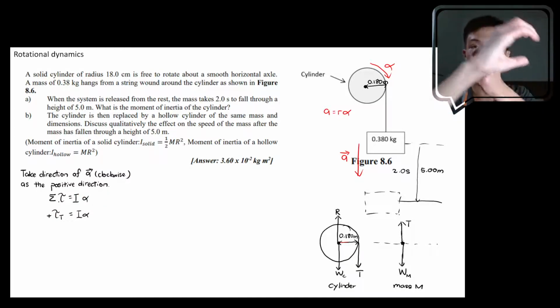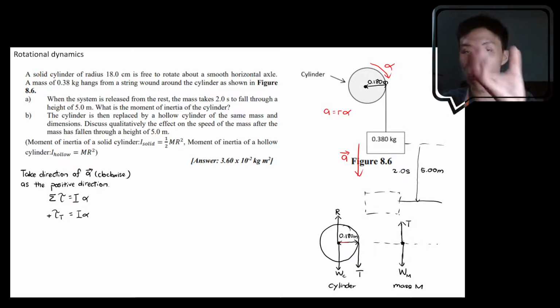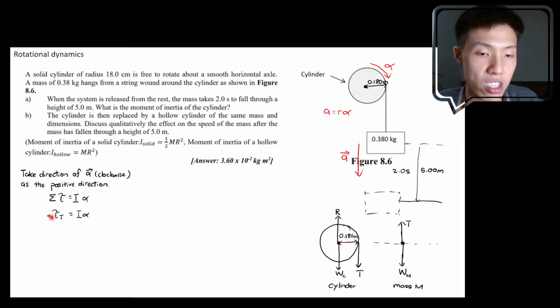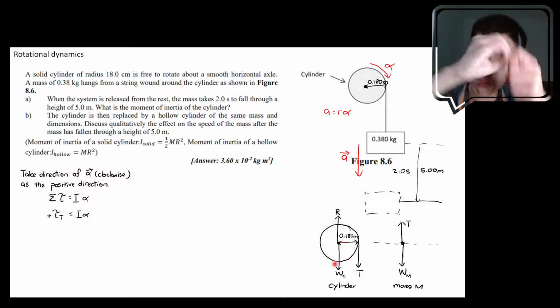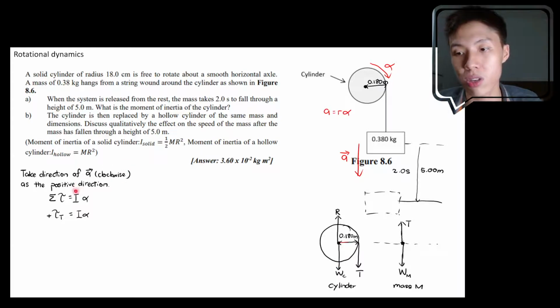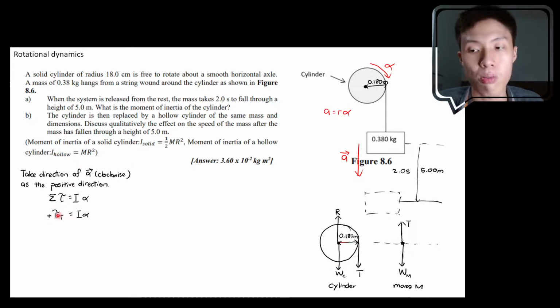If the tension is pulling on the left-hand side instead, then the object will rotate anti-clockwise. If the object is rotating anti-clockwise, then that is negative direction. Then we need to put a negative in front of the torque produced by tension. But in this case, the tension is on the right-hand side, so if you pull like this, you rotate clockwise. So we decided clockwise is positive, so we put positive: torque produced by tension equals I alpha.